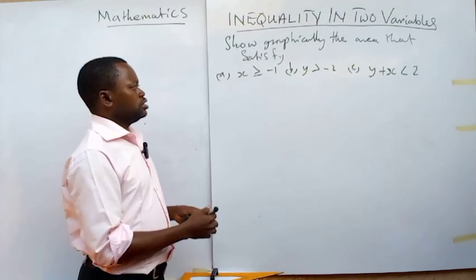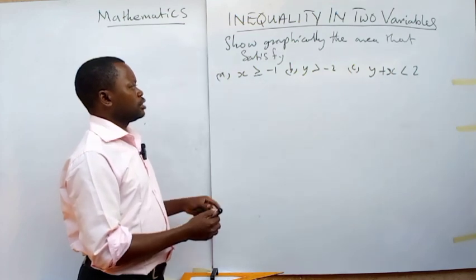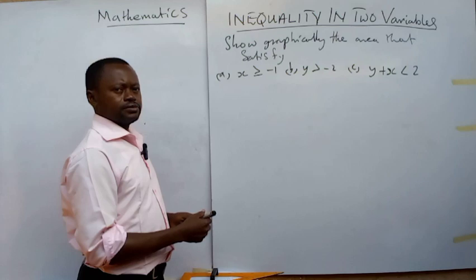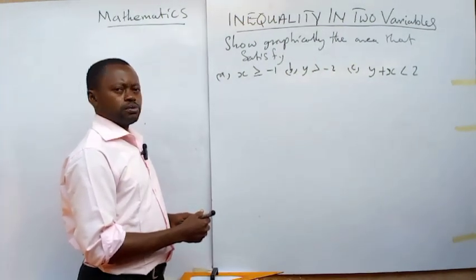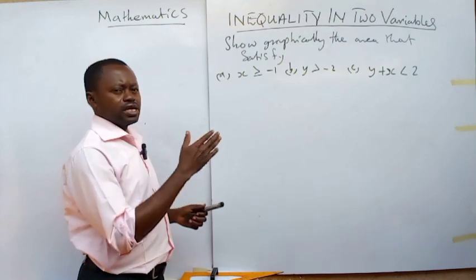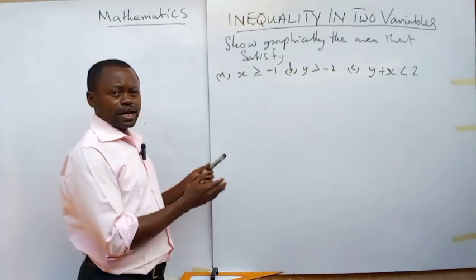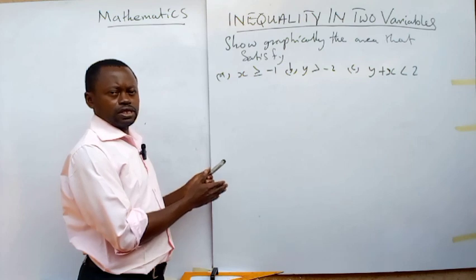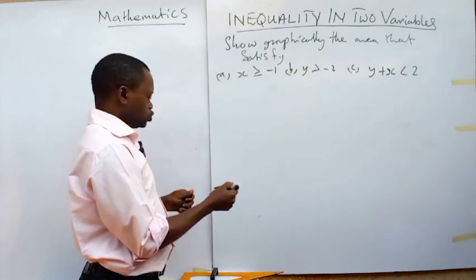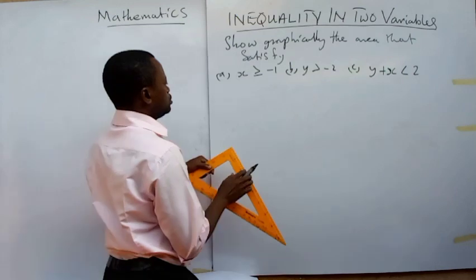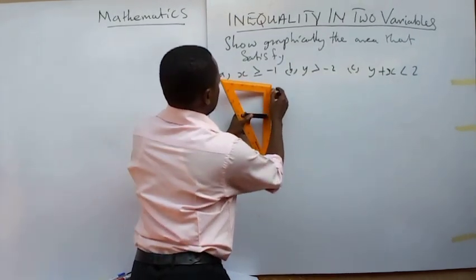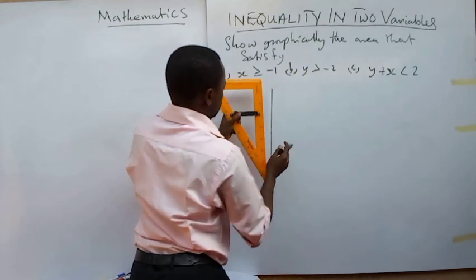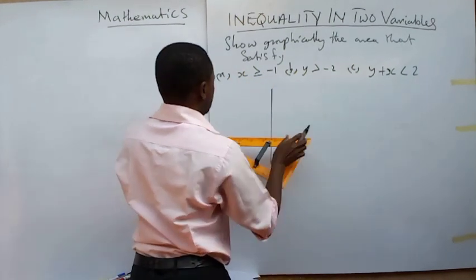If we have a problem like this that says x is greater than or equal to -1, and we want to show the area on the Cartesian plane that satisfies this inequality, what we do is we draw the x and the y axis.